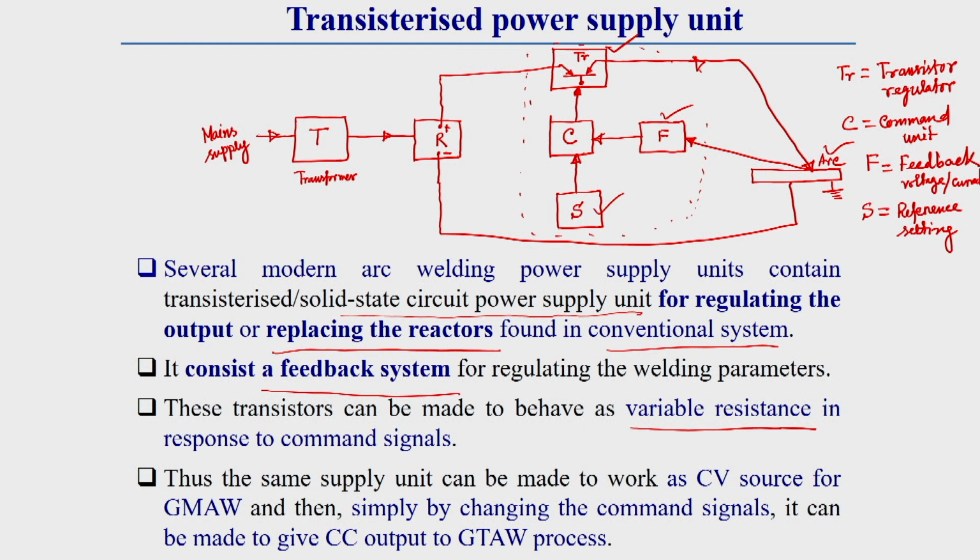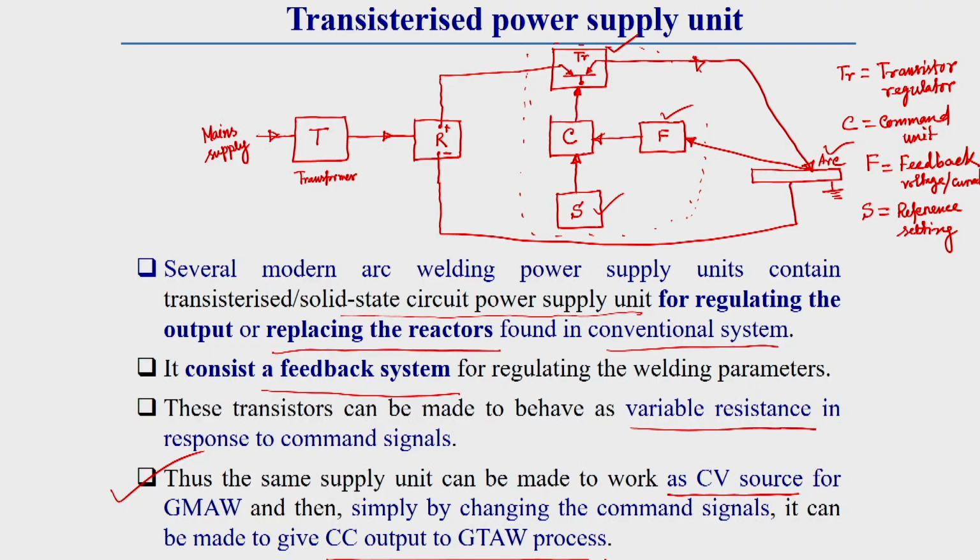Due to this variable resistance, we can use this power supply unit as a constant voltage power source for the GMAW process, gas metal arc welding, as well as in case of constant current output for the GTAW process also. The same power unit can be made to work as a constant voltage source for GMAW, and simply by changing the command signal it can be made to give CC output for the GTAW process.